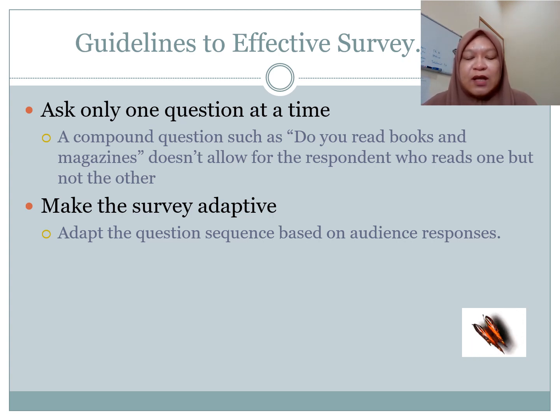But what if the respondent only reads books but not magazines, or vice versa? How is the respondent going to answer the question? So if you want to ask about books, you just write books. Maybe for magazines you can ask in a different question.